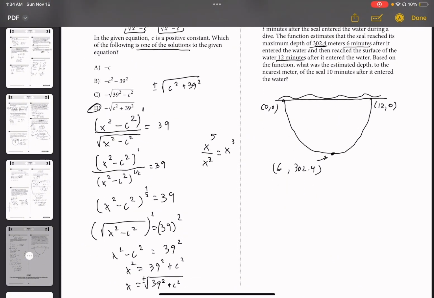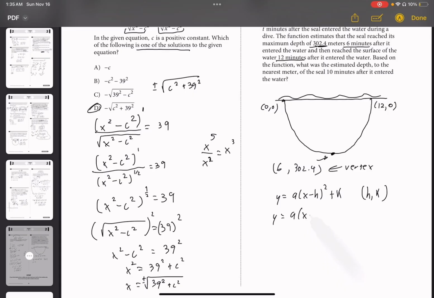So we're going to have the formula y is equal to a times (x minus h) squared plus k. This is your formula for a quadratic, and we know that the point (h, k) is your vertex, so we are given our vertex here and can plug in for h and k.